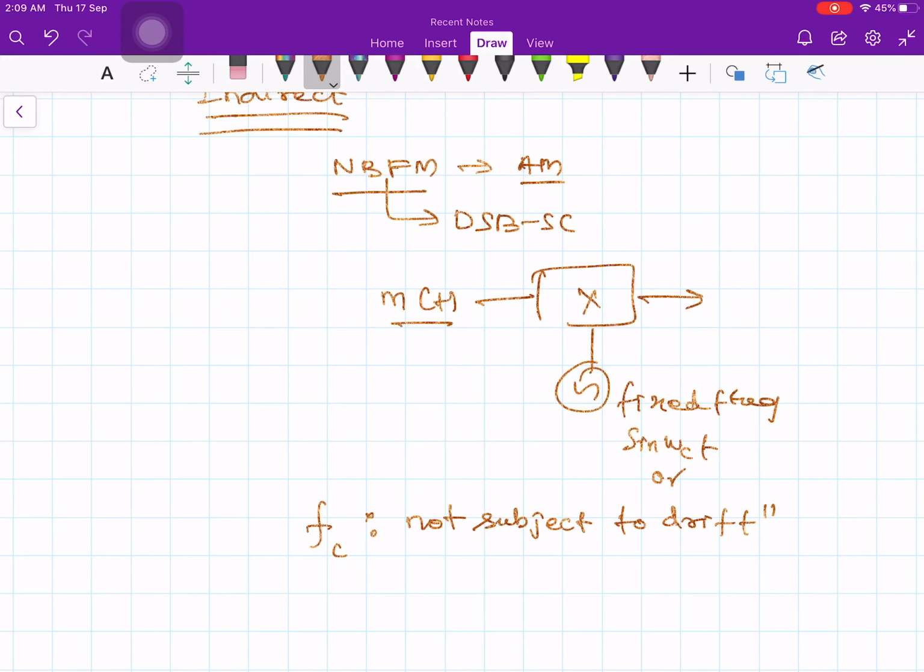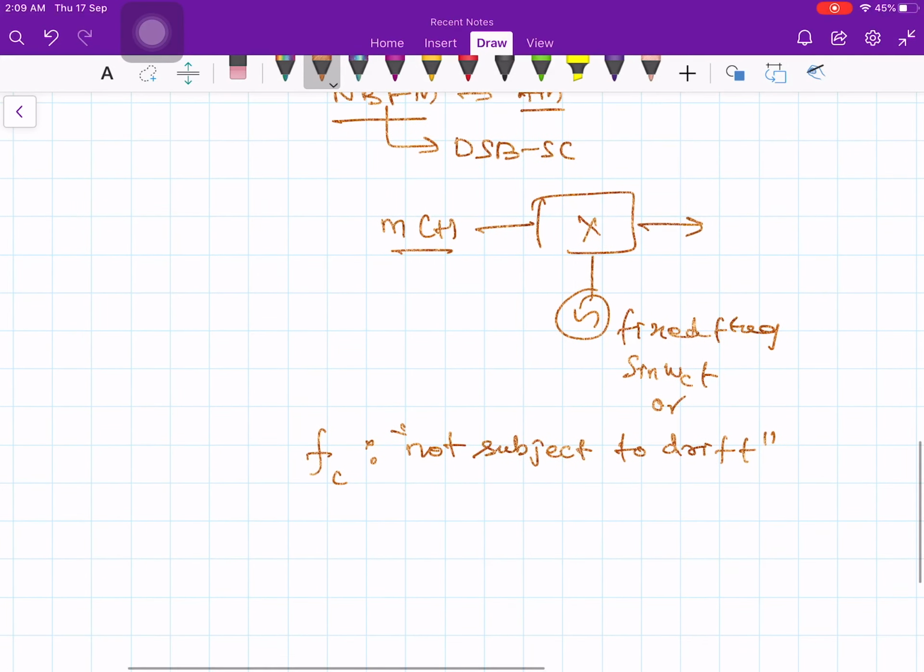It can be made highly stable by making use of a crystal oscillator as the starting point.